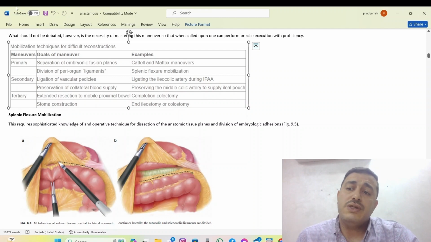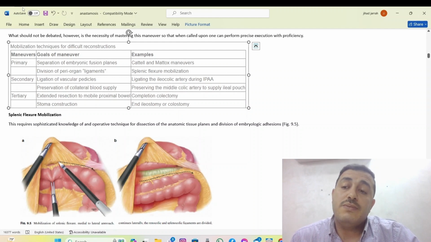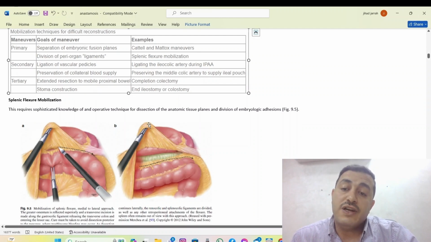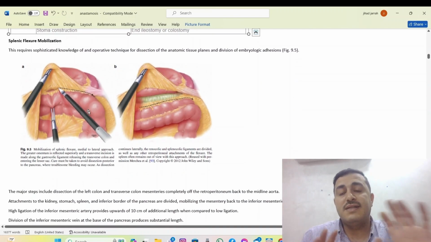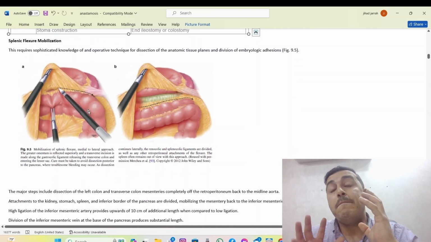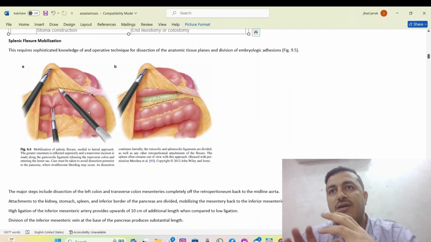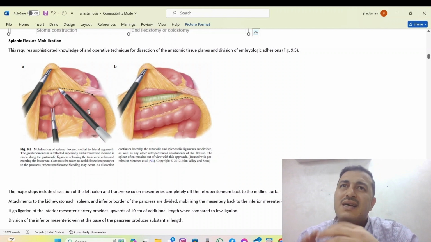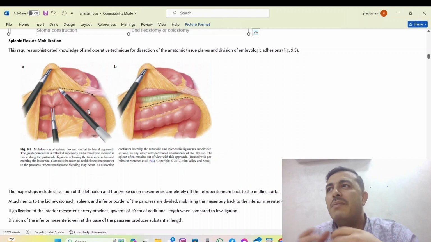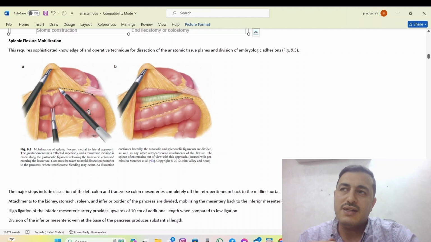Also, one of the primary mobilization procedures is splenic flexure mobilization, which is debatable. Is it mandatory to mobilize the splenic flexure when we are dealing with distal anastomosis, or is it not mandatory? Some use a rough approximation for tension-free anastomosis.